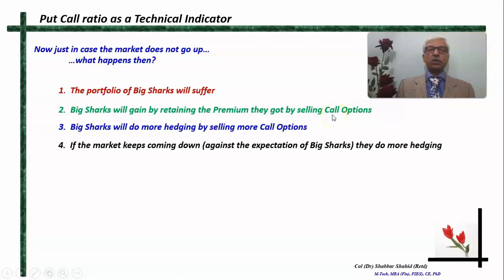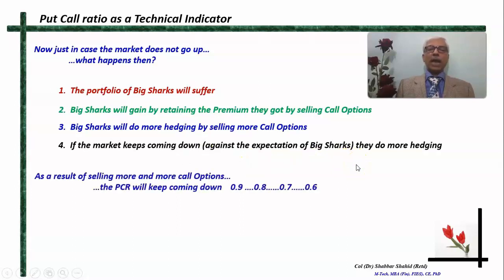Alright. So what will the big sharks do? The big sharks will do more hedging by selling more options. If the price comes down, if the market keeps going down, they will do more hedging by selling more options. They are not expecting the market to come down, but just in case, against their expectation, if the market keeps coming down, they will do more and more hedging. So what will happen as a result?